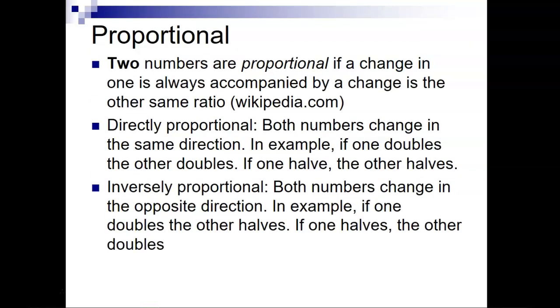All right, so what does it mean to be proportional? That means that two numbers, if a change in one becomes a change in the other. If something is directly proportional, as in voltage and current or voltage and resistance, both numbers change in the same direction. If they're inversely proportional, like the relationship between current and resistance in this case, when one changes positively, the other one changes negatively.